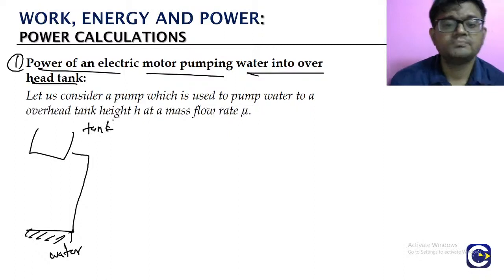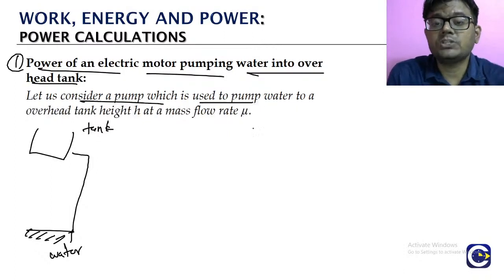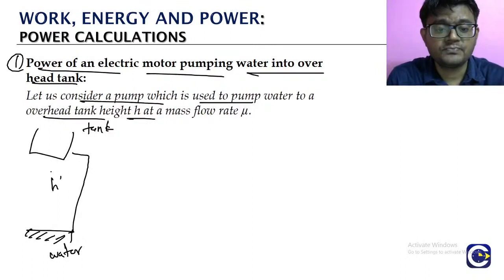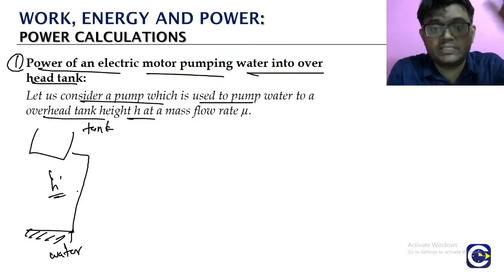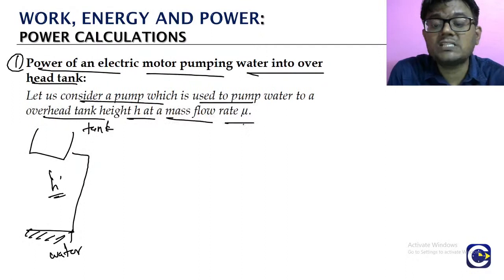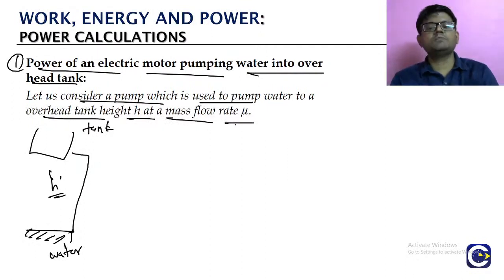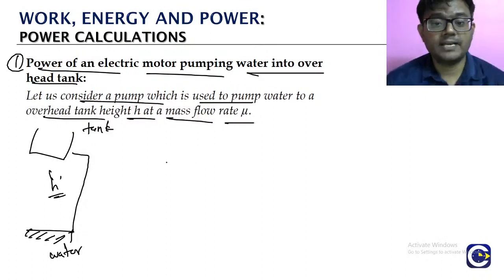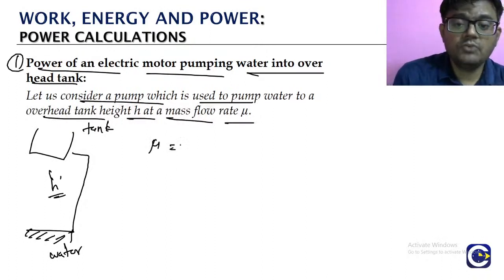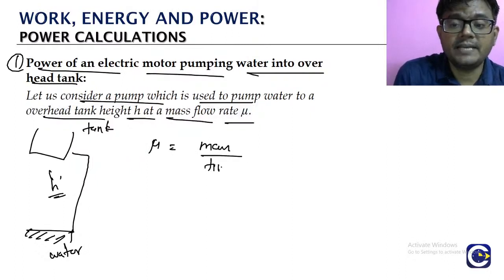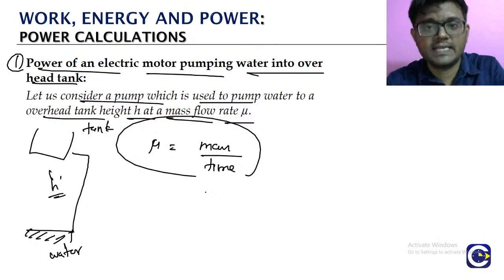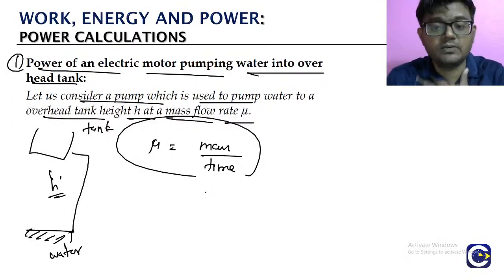Let us consider a pump used to pump water to an overhead tank located at height h, at a mass flow rate mu. What is mass flow rate? Mu is the amount of mass that we are pumping divided by the time taken. The unit will be kg per second in SI units.